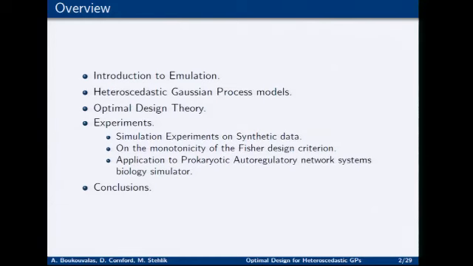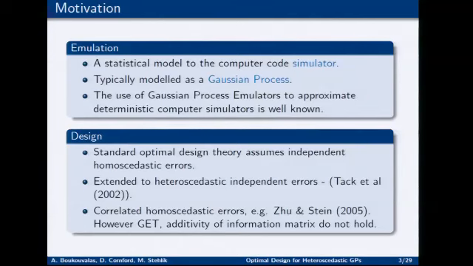So I'll talk about synthetic data, and then also have a short discussion on the monotonicity, and it'll become clear what I mean, of the Fisher design criterion. And then we have a short application to a systems biology simulator. I will finish with some conclusions and future work.